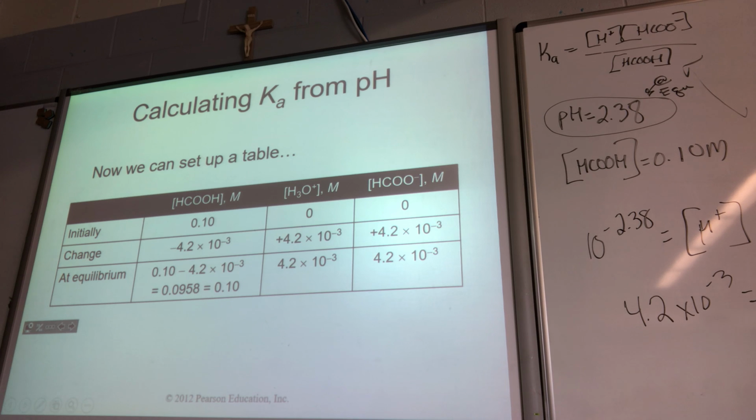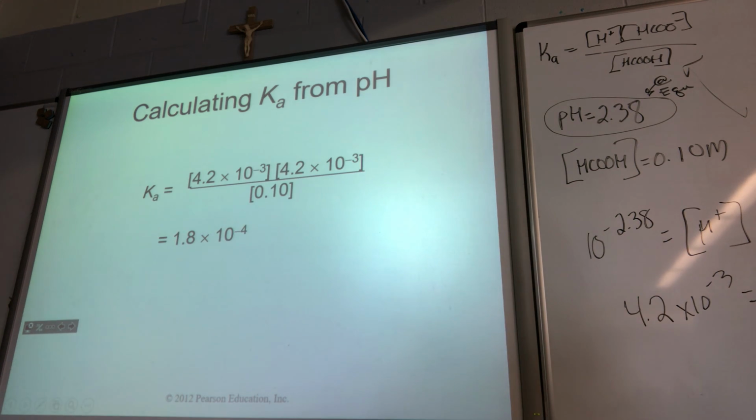Plug it into the Ka expression. Can you get that number? Would we just square 4.2 times 10 to the negative third? Yep. Okay.